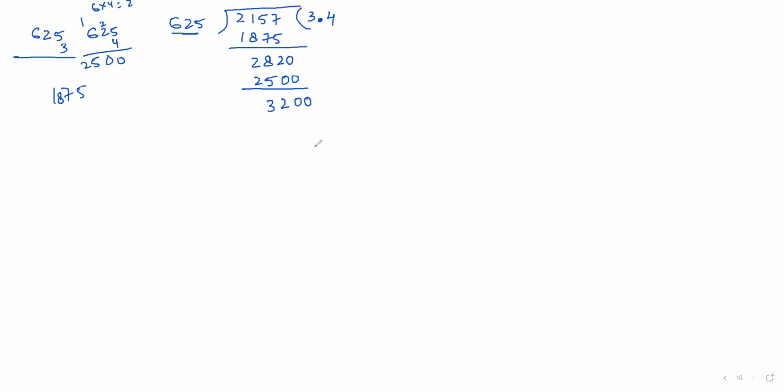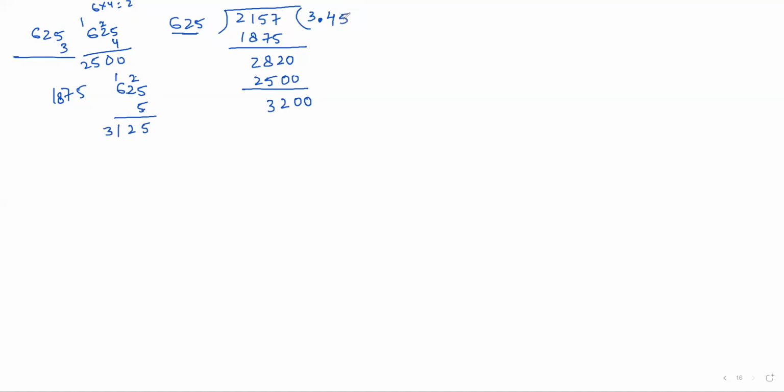Now 6 into 5 is 30. That I know. Correct, Adil? So something around 5 I'll try. So please try 625 into 5. 5 into 5 is 25. 5 into 2 is 10, plus 2 is 12. And 5 into 6 is 30, plus 1 is 31, right?